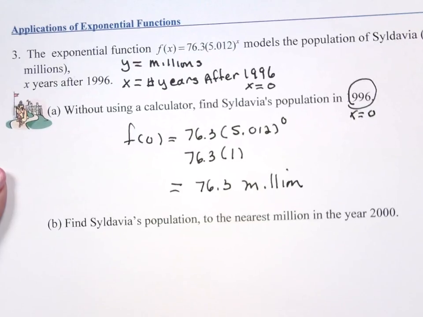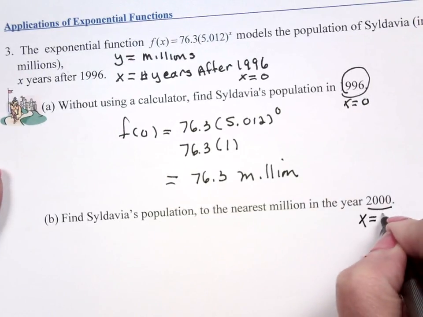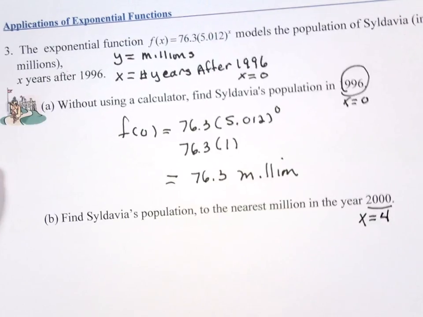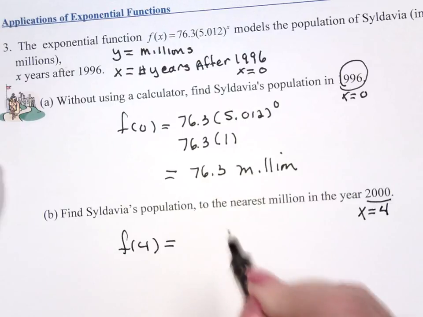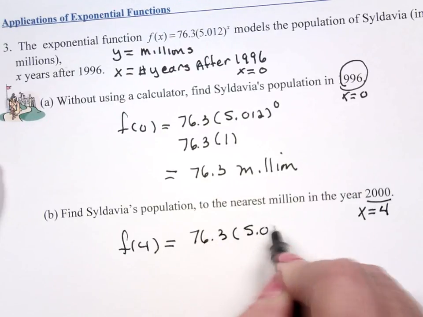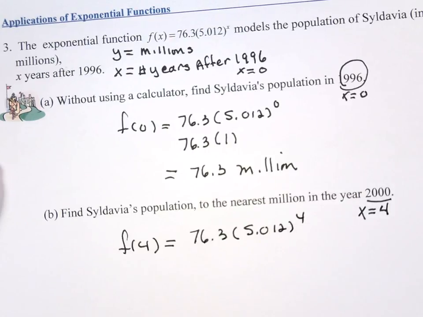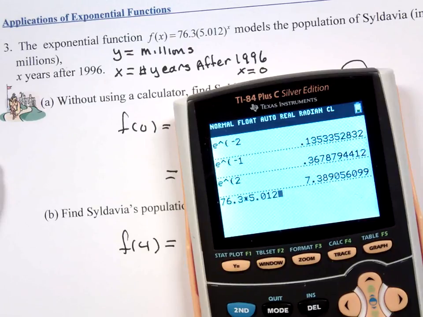year 2000. 2000 is x equal 4. So now I want f of 4, which is 76.3 times 5.012 to the 4th. So 76.3 times 5.012 to the 4th.